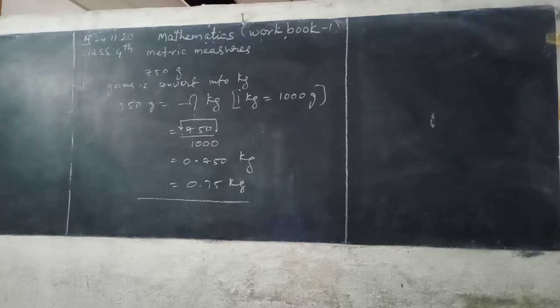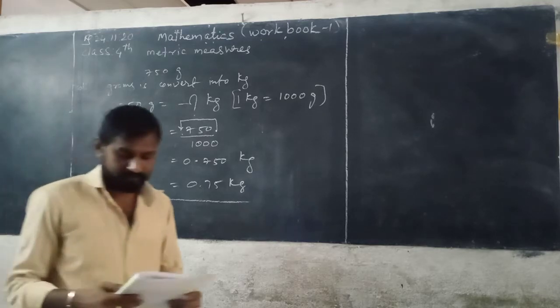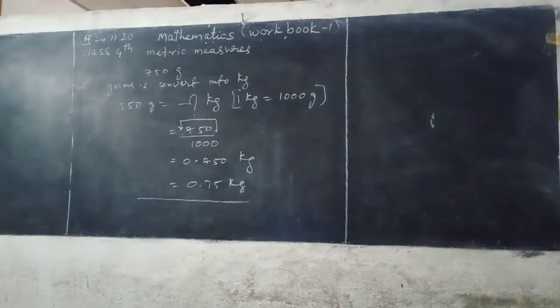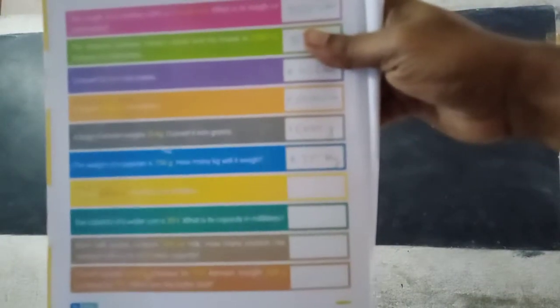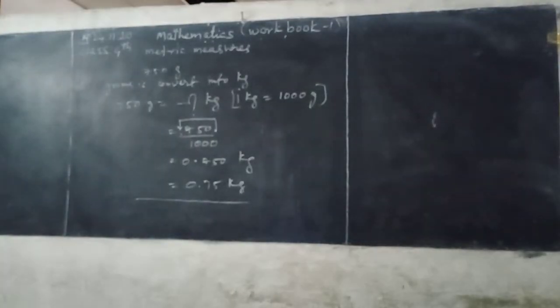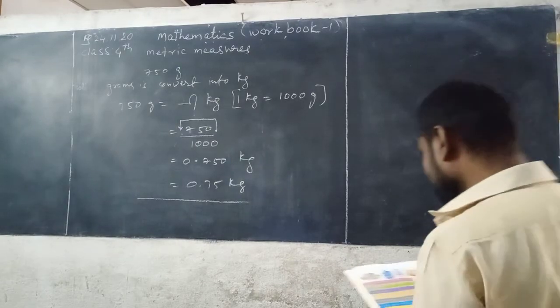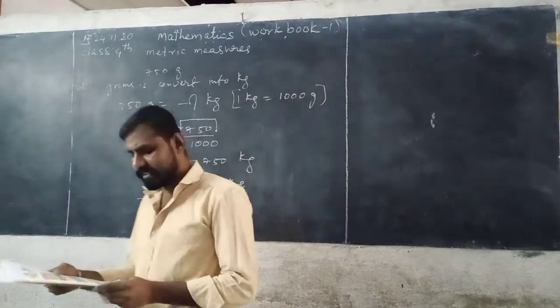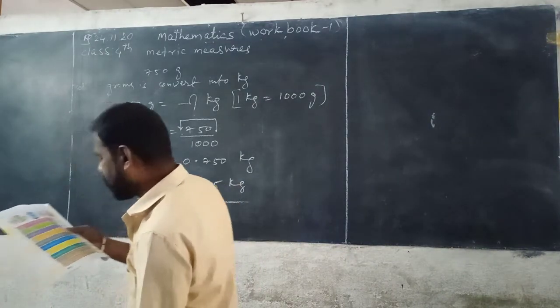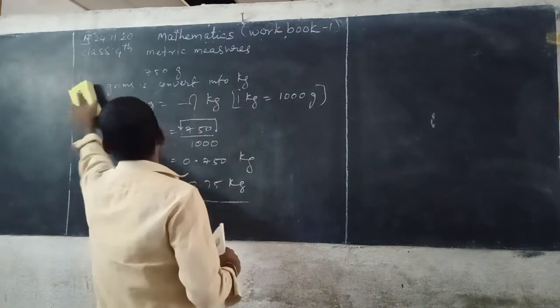Now next one is, convert 2635 milliliter into liters and milliliters.